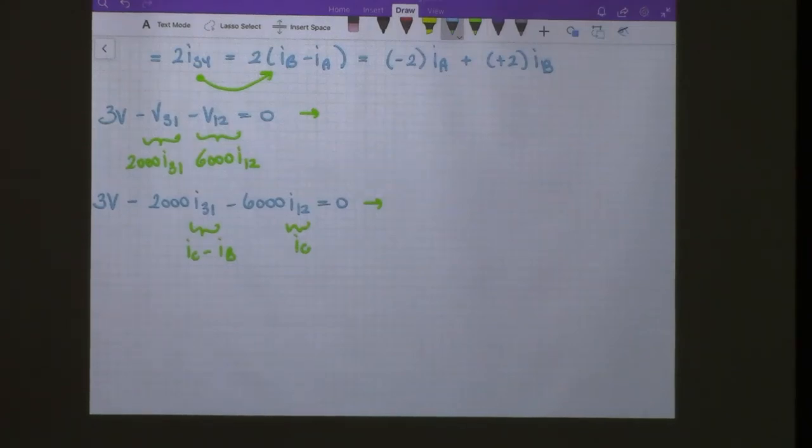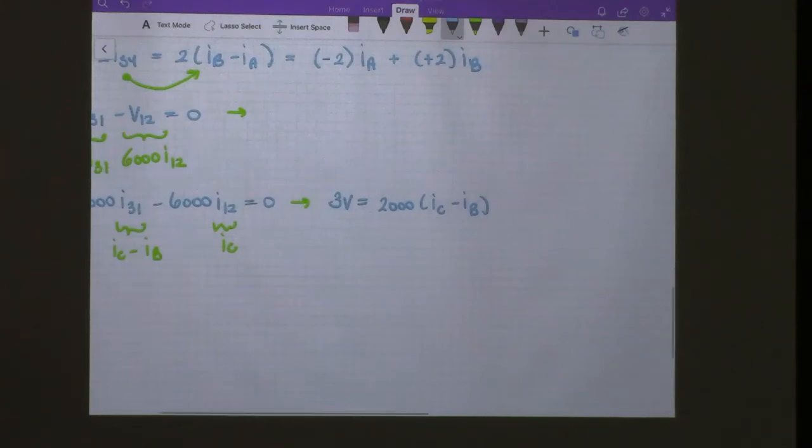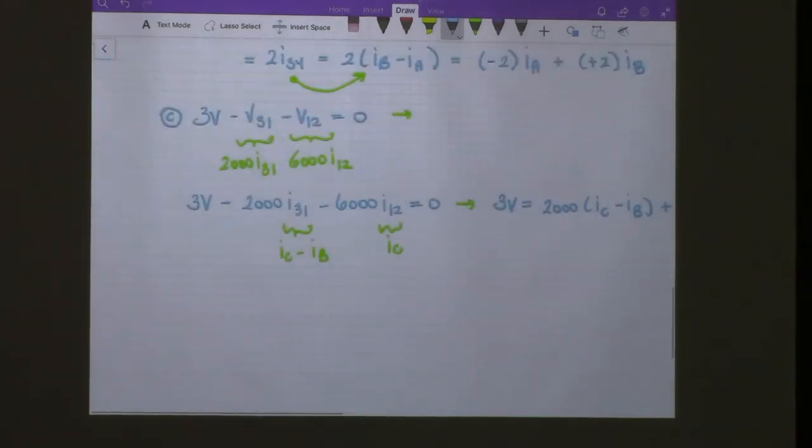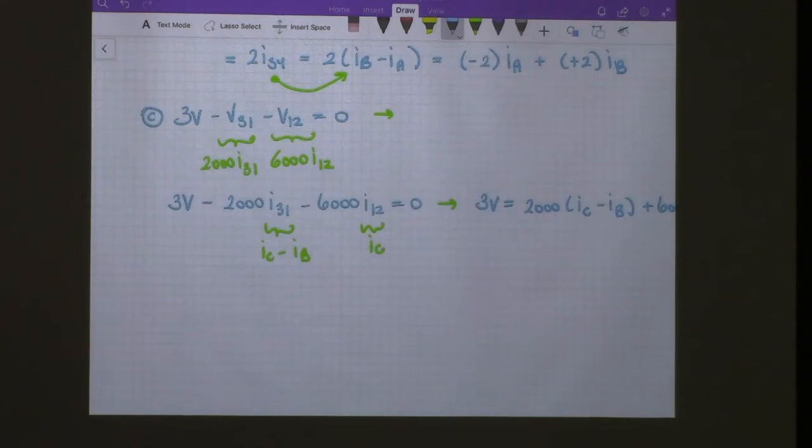So what we'll be left with is, and I'm going to move the other stuff to the right-hand side, we'll have 2,000 times IC minus IB, plus 6,000 IC. We'll go ahead and do the same thing that we did above.